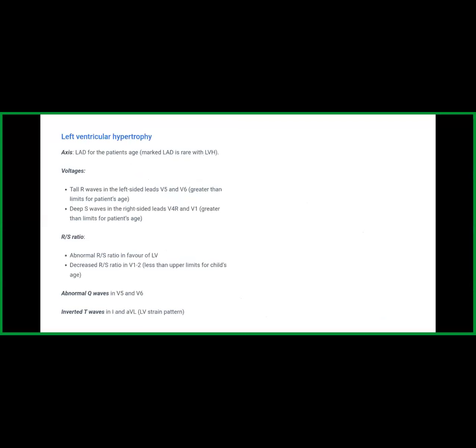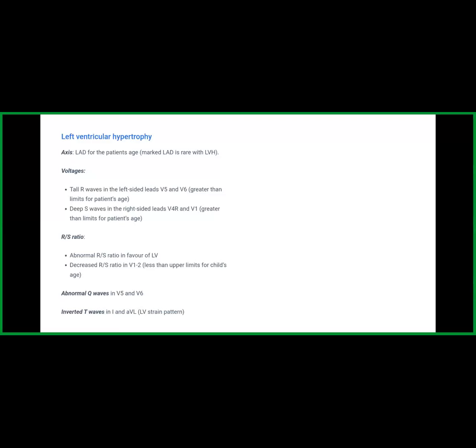Left ventricular hypertrophy is usually a problem of adults, and left axis deviation is usually seen with left ventricular hypertrophy, but marked left axis deviation is rare with LVH. Whenever we say left ventricular hypertrophy, we should start thinking about leads V5 and V6, where the R wave will be more prominent.